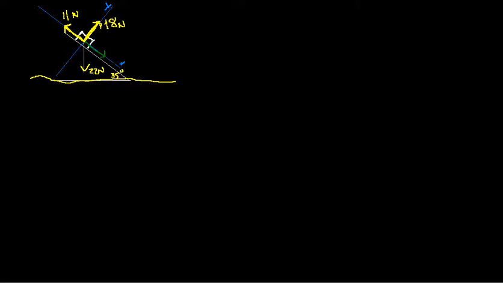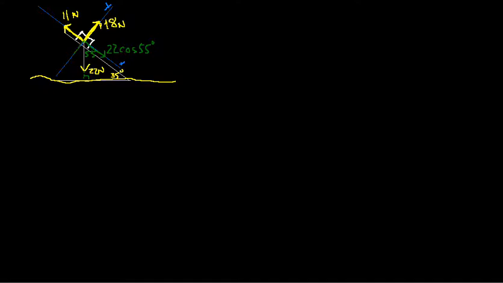If this is 35 degrees here, this angle in here is going to be 55, because you can think of this as making a kind of right triangle. So this is 35 here, this is 55. This force component in the x direction is going to be the magnitude of the gravity vector, which is 22 newtons, times the cosine of 55 degrees.